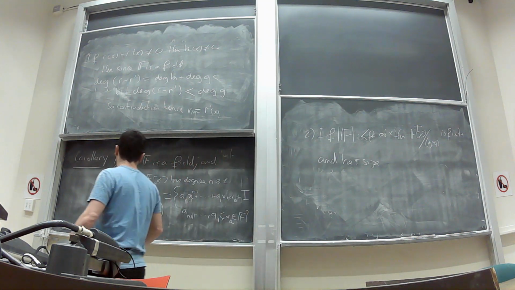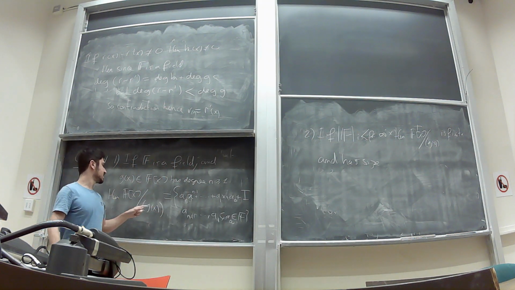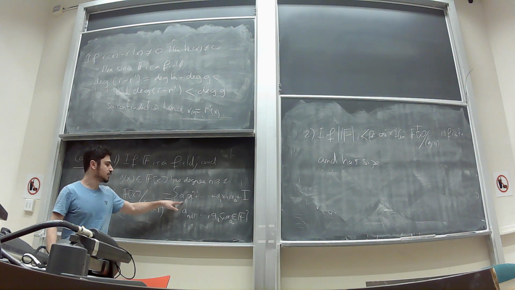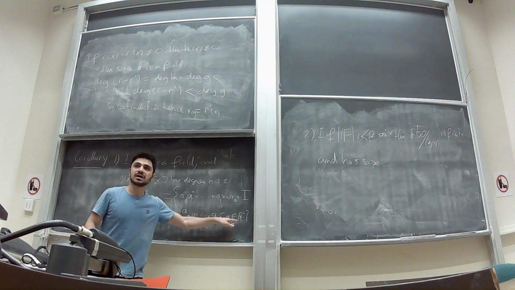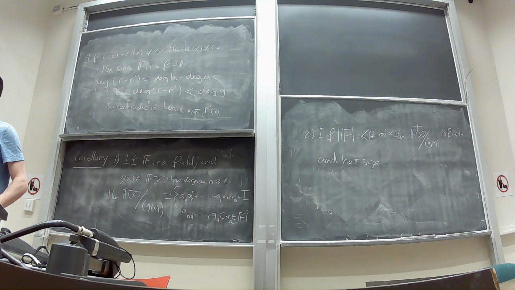What is the size if F is finite and g of x has degree n? Let's say F has size q. How many possibilities do you have for a_{n-1}, which is in F? q, right? For a_{n-2}, how many possibilities?